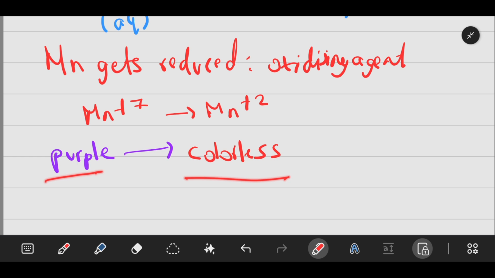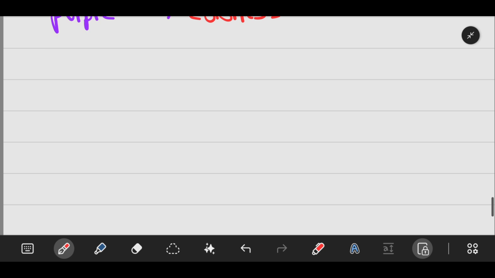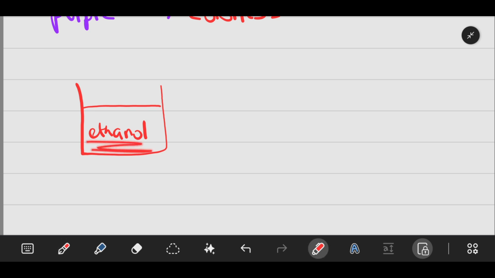it's becoming colorless. Now, in order for you to explain this more clearly, I have a beaker over here, all right? And in that beaker, I have some ethanol, which is an alcohol. So the initial color of this solution is colorless, right? Because alcohol is colorless.